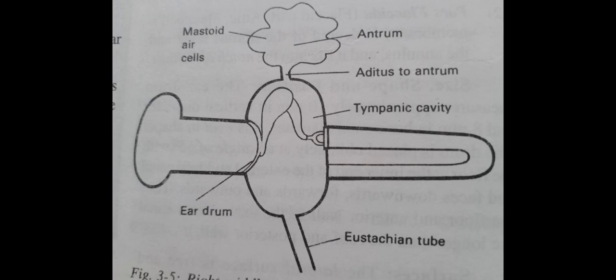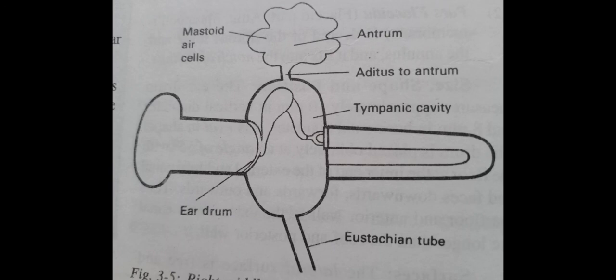And the perceiving apparatus, as we have seen, is the cochlea, then the auditory division of the 8th cranial nerve and its central connections. The eustachian tube remains closed at rest, but it opens during swallowing and yawning, and thus it equalizes the pressure of air in the middle ear and the pressure of the air in the atmosphere.